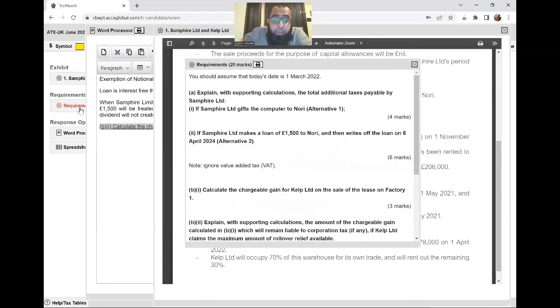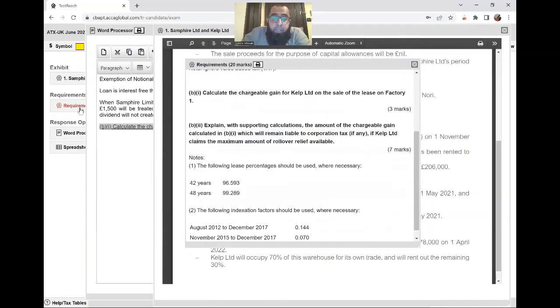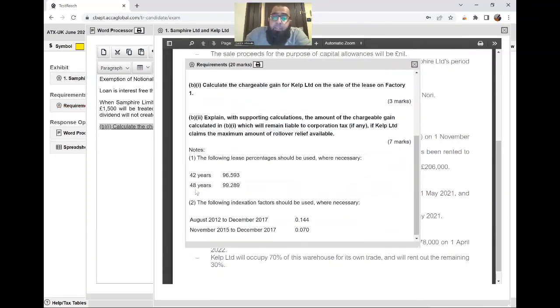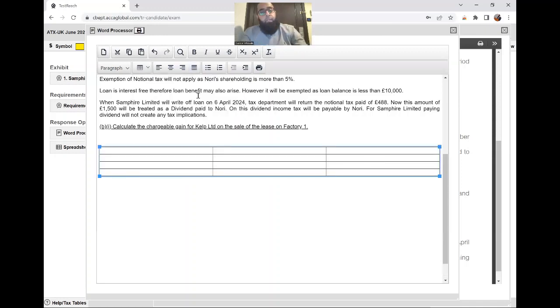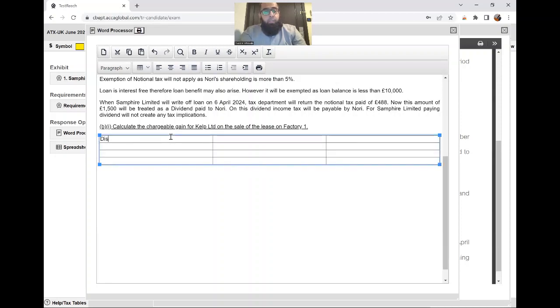If you look at the requirement, they must be given here. Here the percentages are given, for 48 years and 42 years. Listen to me, I'll calculate and you'll be able to understand. It's not a difficult one. We just need to calculate it. And it's a part of 3 marks only.